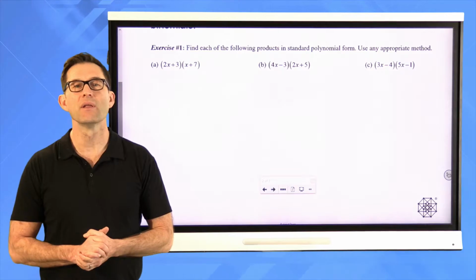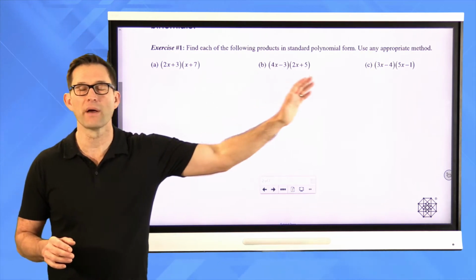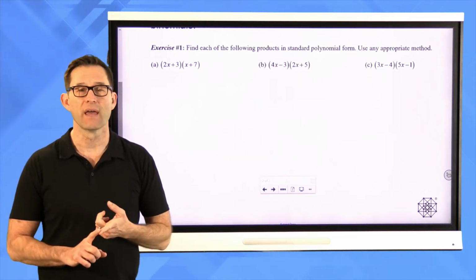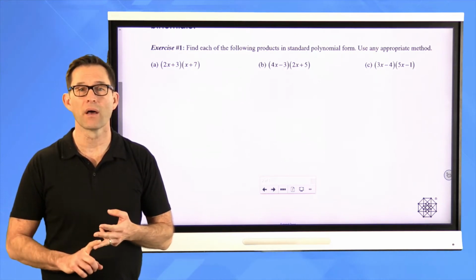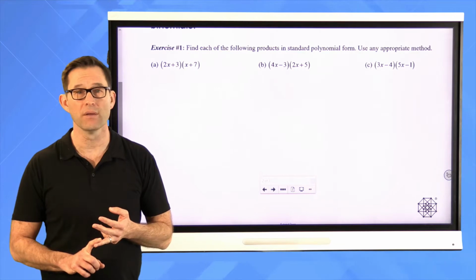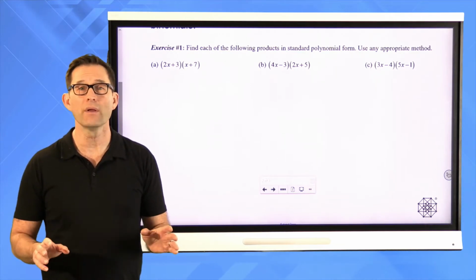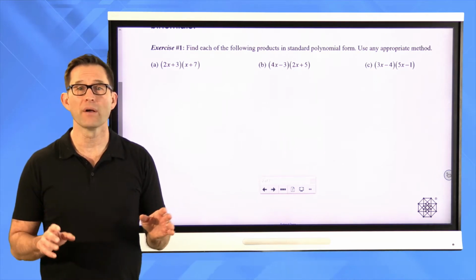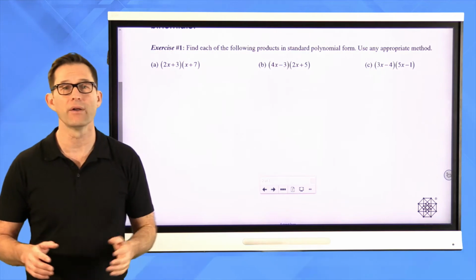Let me just remind you that we've actually got 4 different methods for multiplying two binomials together. We've got the standard multiplication algorithm, double distribution, area models, and the one that's most commonly used, which is the FOIL algorithm, right? So whichever one you prefer, I'd like you to pause the video now and multiply each one of these out so that you get a trinomial at the end.